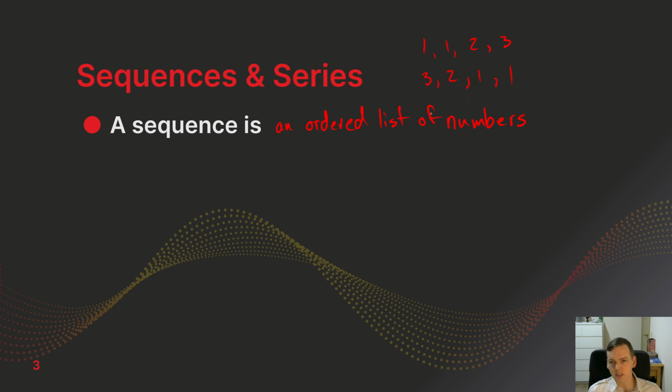Those are two different sequences because the first sequence goes from 1 to 1 to 2 to 3. The second goes from 3 to 2 to 1 to 1. They're the same collection of numbers though, so if it was just looking at a collection, we would consider these indistinguishable. But a sequence does have an order to it.